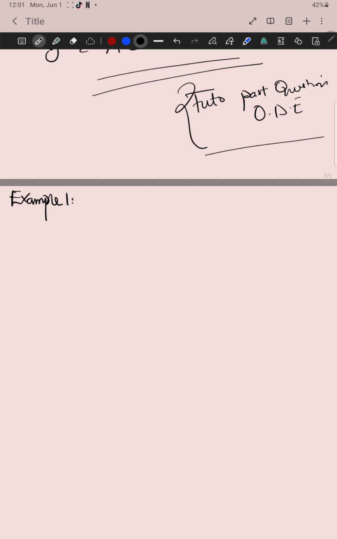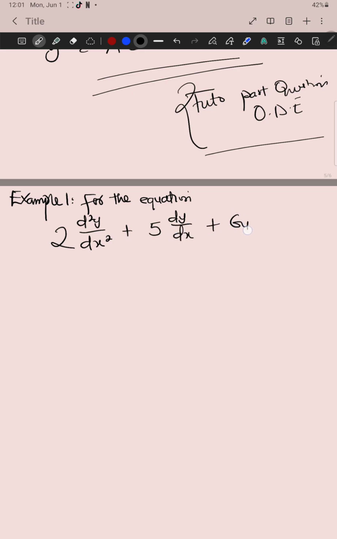Example 1. For the equation 2 d squared y over dx squared plus 5 dy over dx plus 6y is equal to 0.